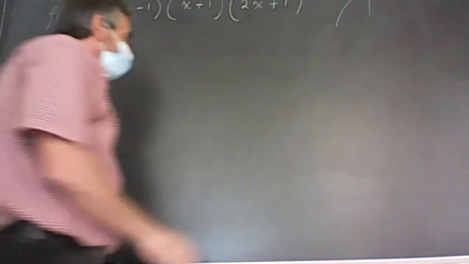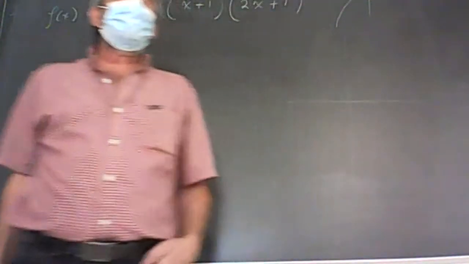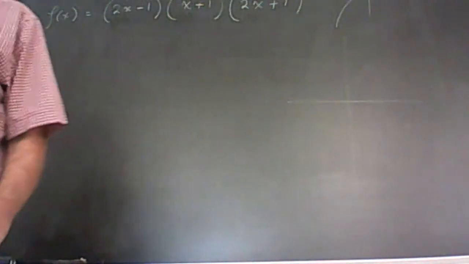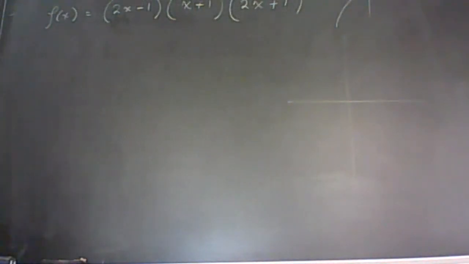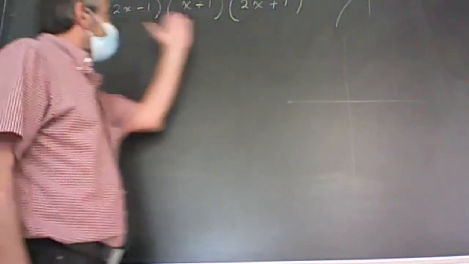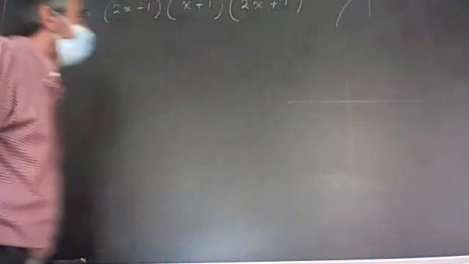So let's see how we graph this. First, we need to figure out the intercepts, the x and y intercept. What's the x-intercept? To get the x-intercept, you set all of these equal to 0, and then you solve them.